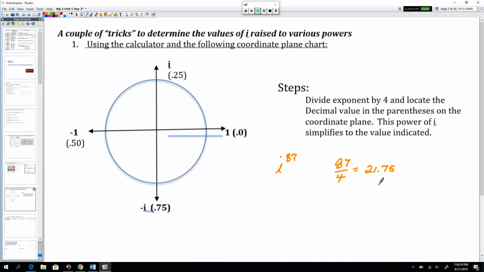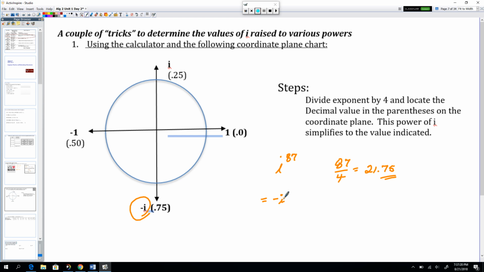If you like using this chart, you will have memorized all the corresponding values. If 0.75 is what's left over, this remainder here, then that means that you reduce to -i. So i to the 87th power can be reduced to -i.